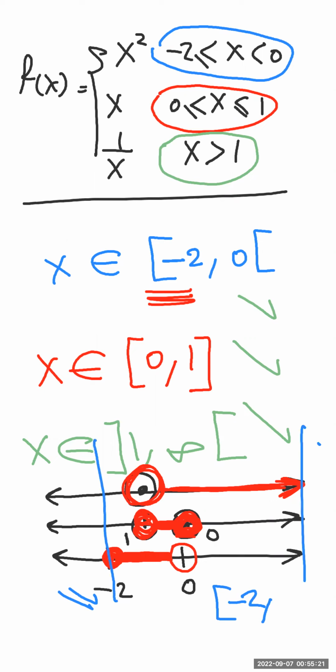So from -2 to infinity, closed from the side of -2, opened from the side of infinity, and now this one is the domain. Okay? Is it clear? Okay. Any questions? No. No.